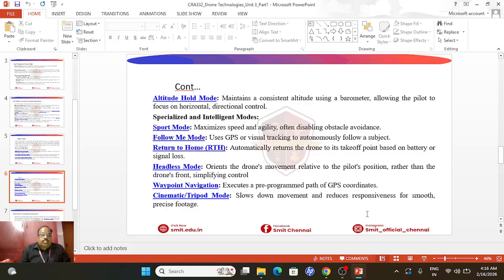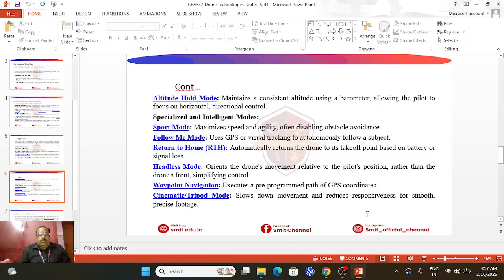Headless mode orients the drone's movement relative to the pilot's position rather than the drone's front, simplifying control. Waypoint navigation executes pre-programmed paths using positioning sensors and coordinates.